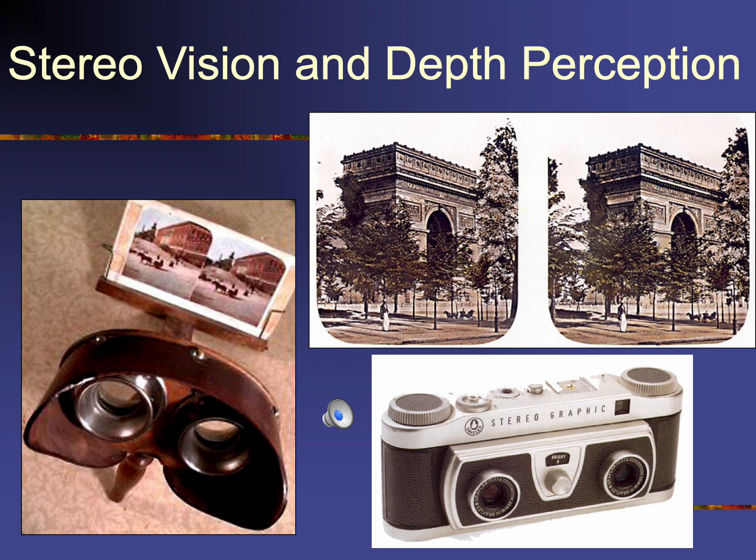But here, what you've done is the same thing. You're presenting each independent eye's image to each eye, as if you were looking at that picture of that column, of that arch there, as if you were looking at that image in real life, and your brain combines the two as if it had real parallax to deal with, and makes a 3D picture out of it.